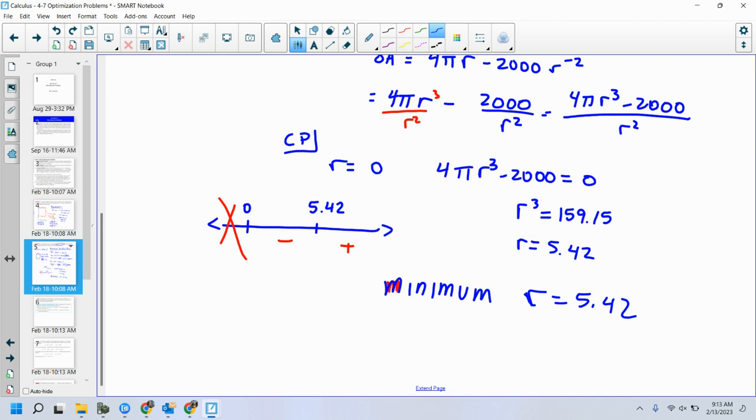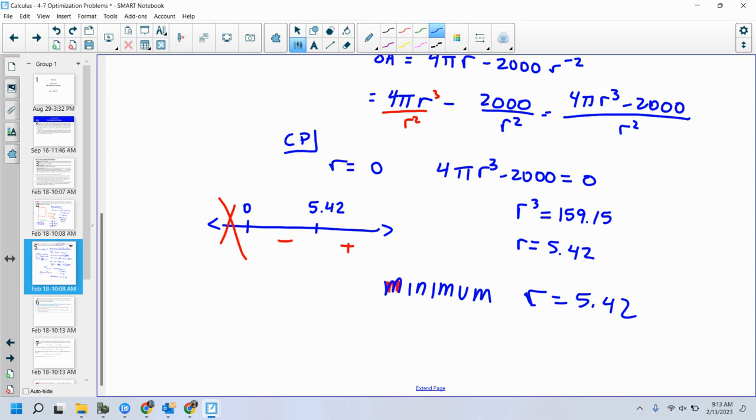No, because those were the only zeros of my derivative. So I know that this is going to continue upward on the right side and only keep going upward. It's not going to turn down again because there is no other maximum point, right? The only possibilities were 0 and 5.42. Follow me there? And anything to the left of 0, I don't care about. The only thing I care about is the positives. So I know the minimum value is when radius is equal to 5.42.